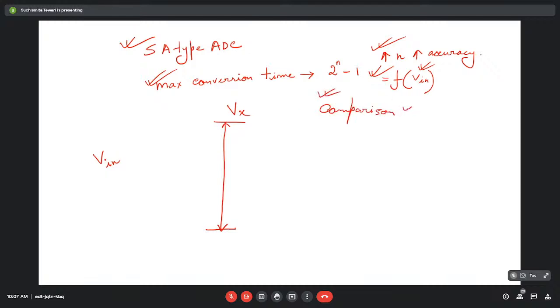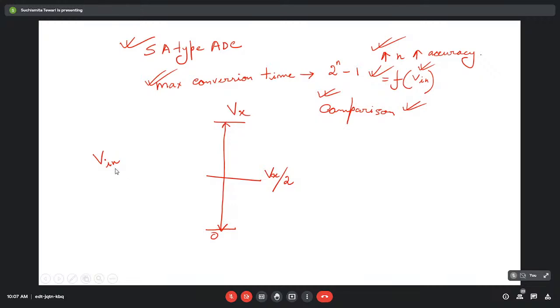But the method of this comparison will be a little bit different. The entire range, suppose it is 0 to Vx, at first will be divided by Vx by 2. That is exactly, it will be divided in two portions: 0 to Vx by 2 and Vx by 2 to Vx.